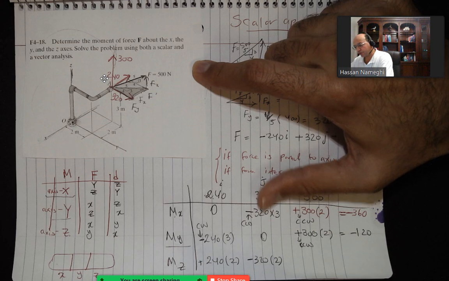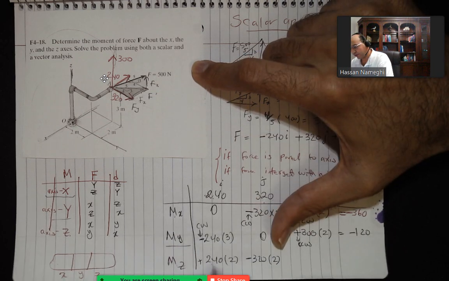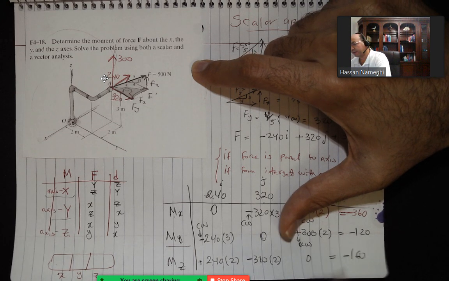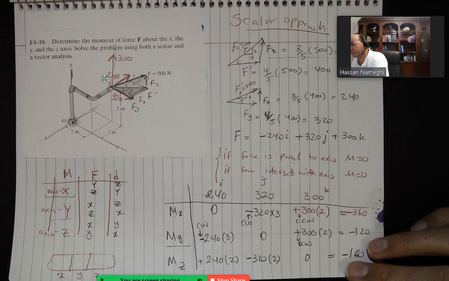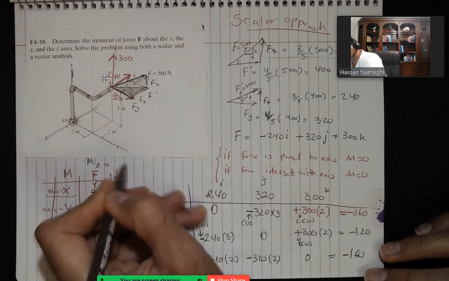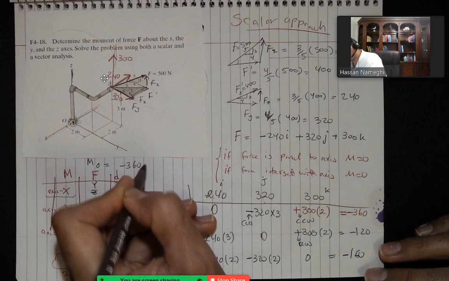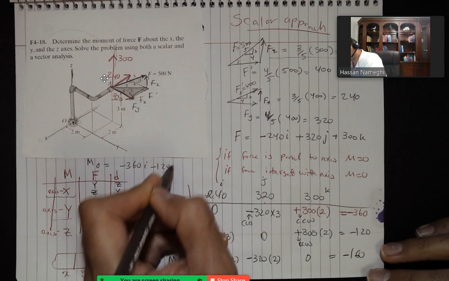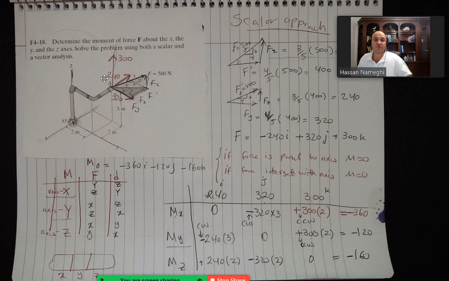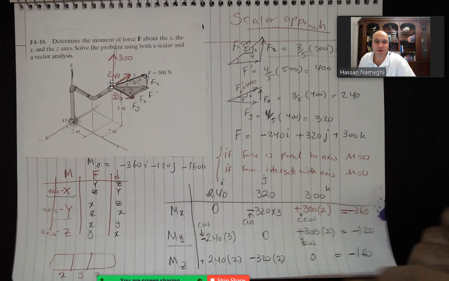And then I can actually summarize my answer. 240, 300, and then the last one is 0. The answer is minus 160. So you can report your final answer that the moment about point O is equal to minus 360i minus 120j minus 160k. I know this will be too much for you to digest, but you will get to know how to do it in a bit.